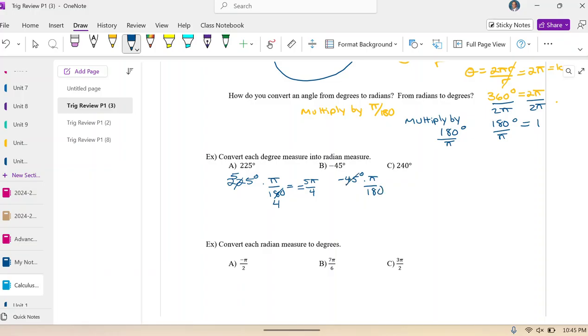Well, 45 goes into itself once. It goes into 180 4 times, so it's negative pi over 4. And 240 times pi over 180. Well, 60 goes into 180 3 times, goes into 240 4 times, so it becomes 4 pi over 3.